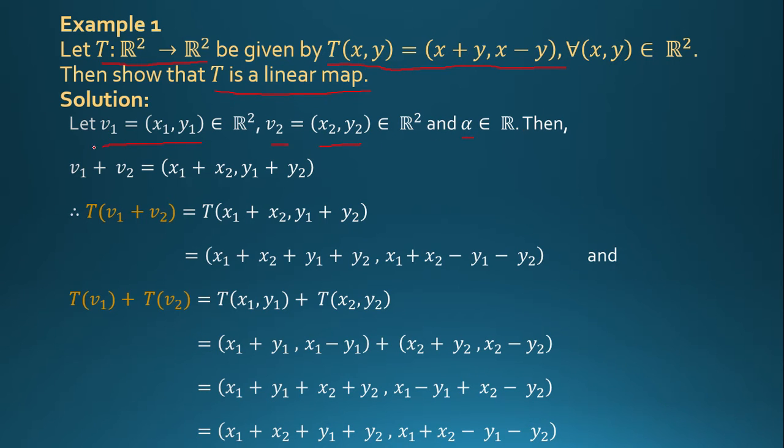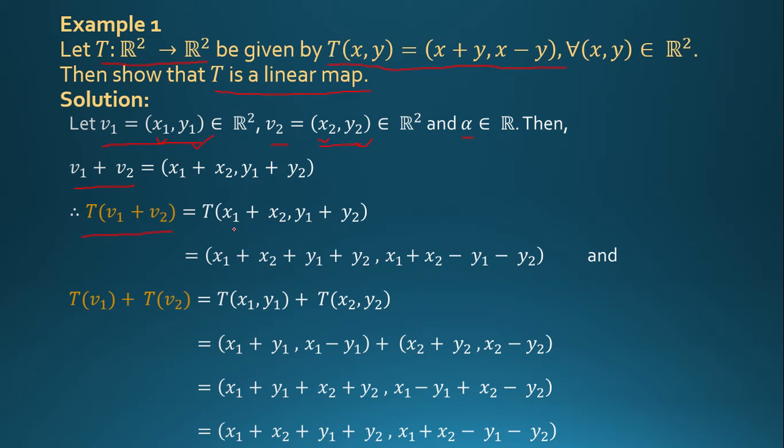Then now V1 plus V2 is equal to (x1 plus x2, y1 plus y2). So we get V1 plus V2. Now we apply transformation T of V1 plus V2, and we have given the definition T of (x, y) is equal to (x plus y, x minus y).